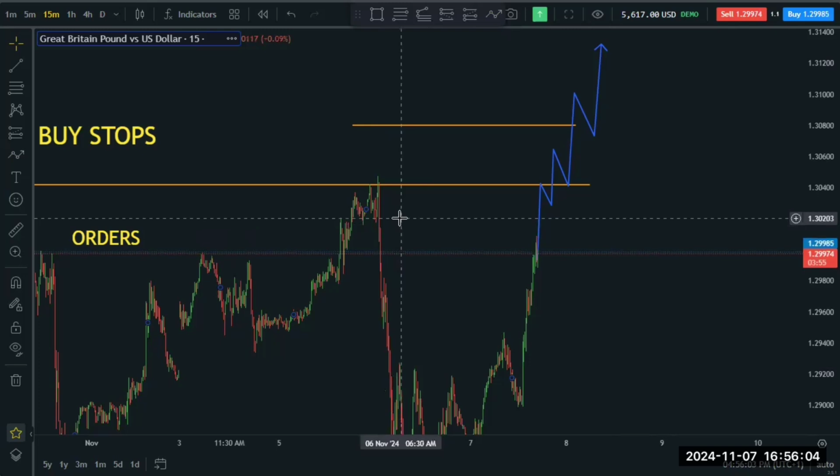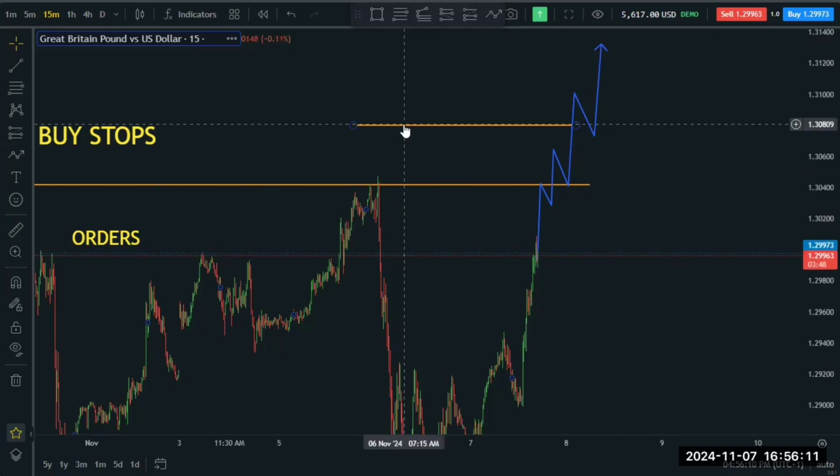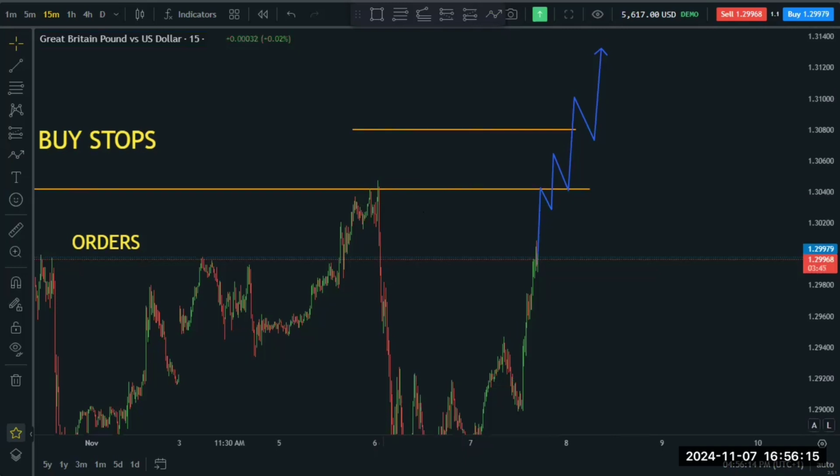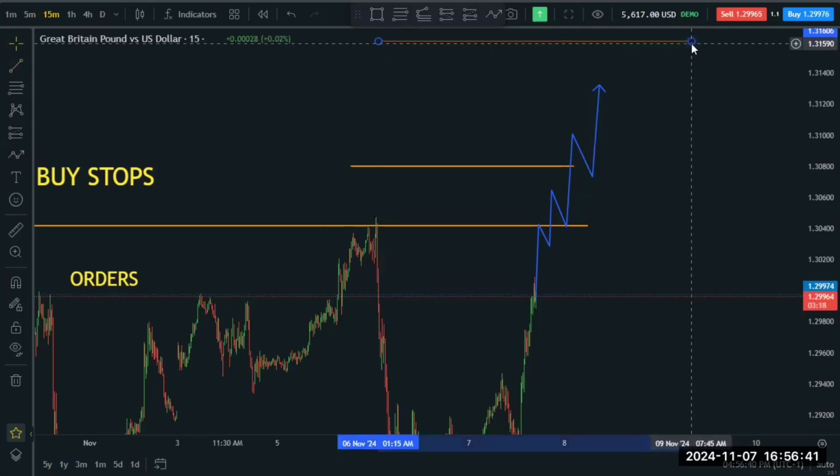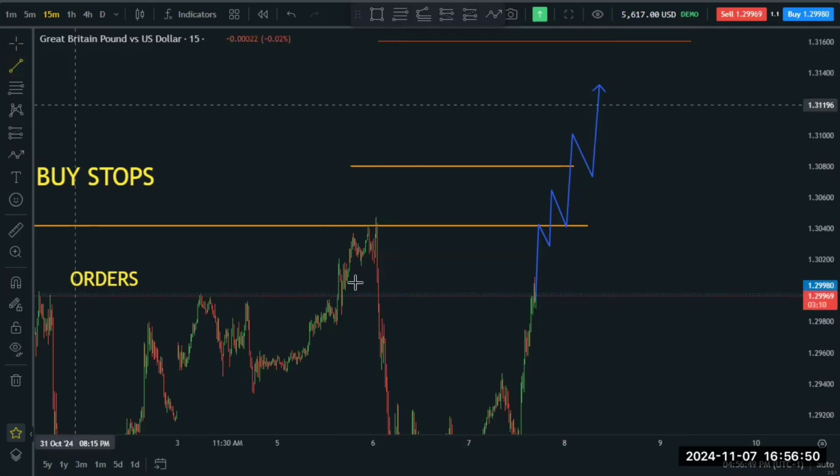Stop loss level 1.302, and the point at which I'm interested is 1.308. Then if you are going to place your take profit, here will be our level of take profit, 1.316. So our stop loss will be here.